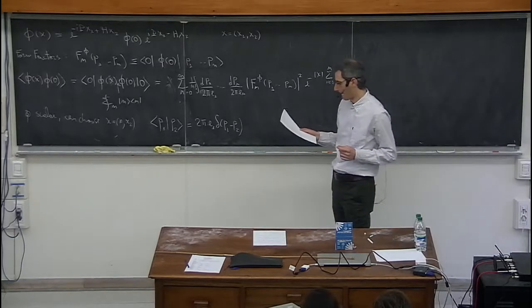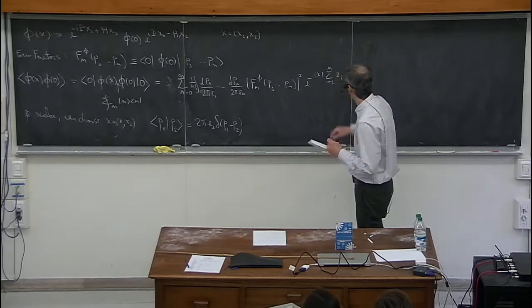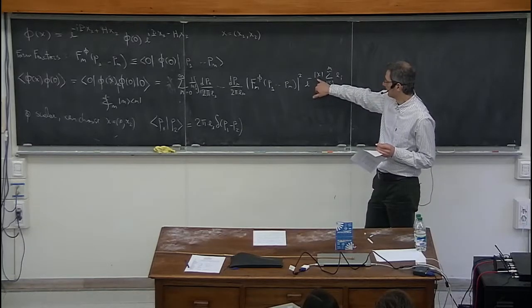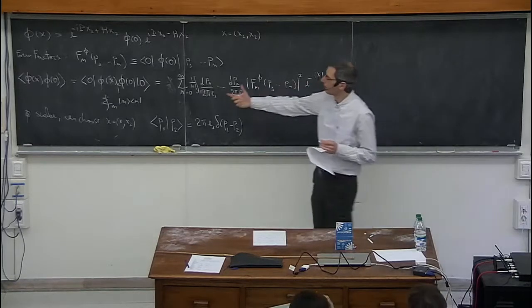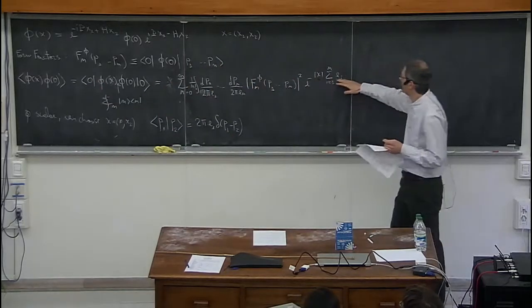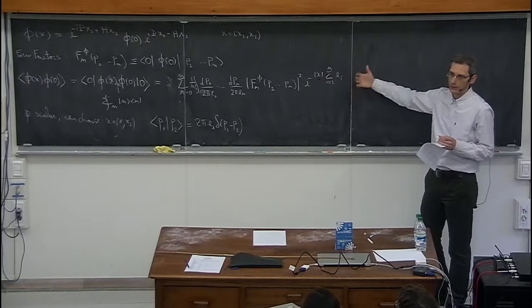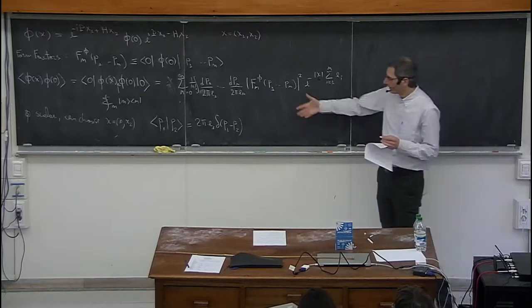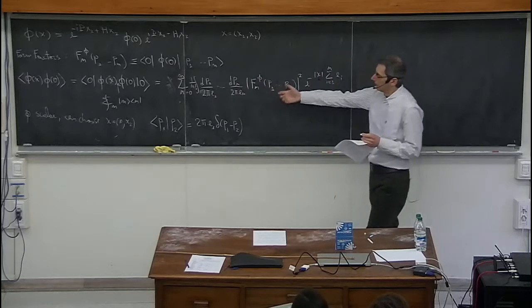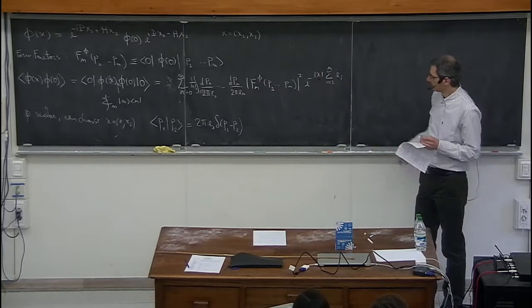And another observation here is about when this distance between the points becomes large. You see that this sum will be dominated by the states with the lowest energy, which means by the states with a minimal number of particles.